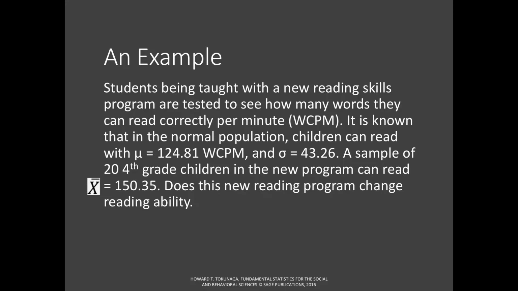So here's an example. We're going to teach some students reading skills in this program we're running, and we're going to see how many words per minute they can read correctly. Somehow we found out that in the normal population, children can read 124.81 words correctly per minute with a standard deviation of 43.26.